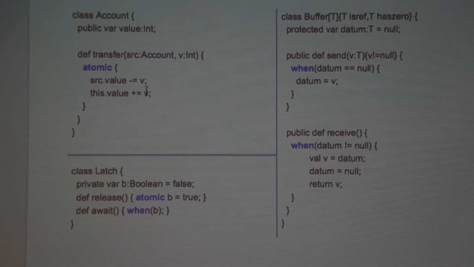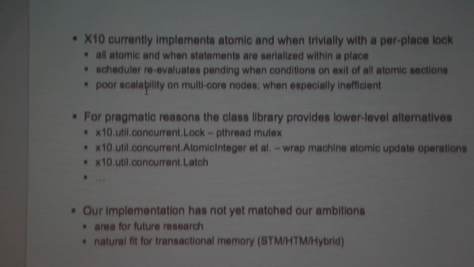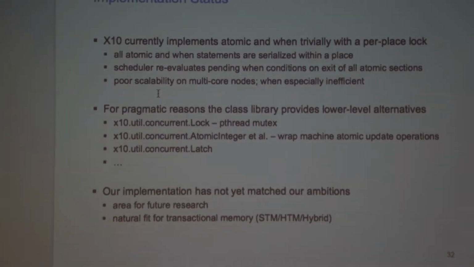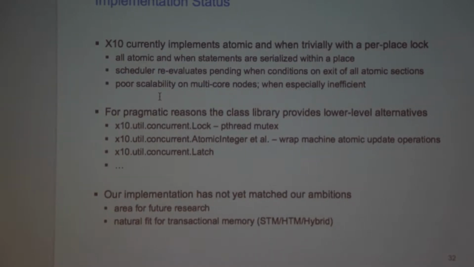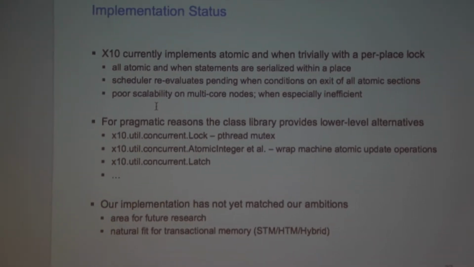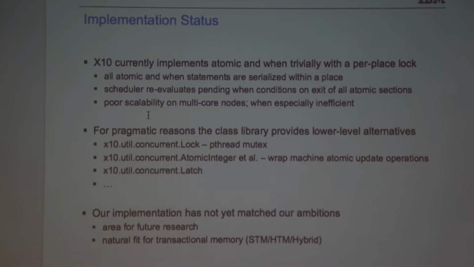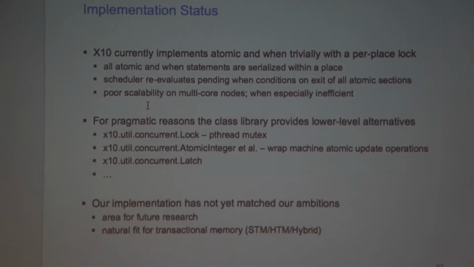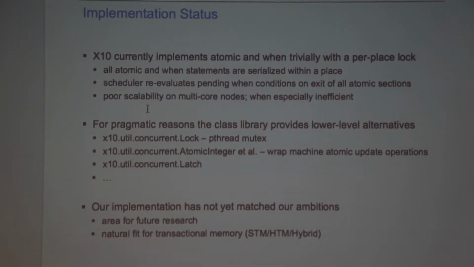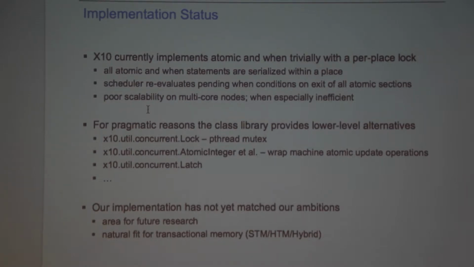And similarly, atomic can have multiple assignments within it. So atomic and when are implemented with a per place lock. So that is why they're not particularly useful for practical programming. You can implement your own, and we have provided a whole bunch of lock implementations.